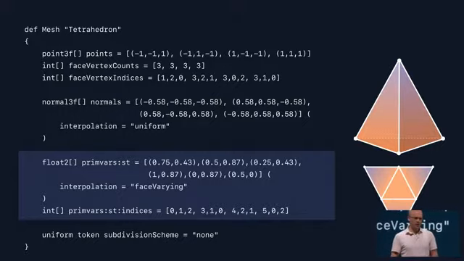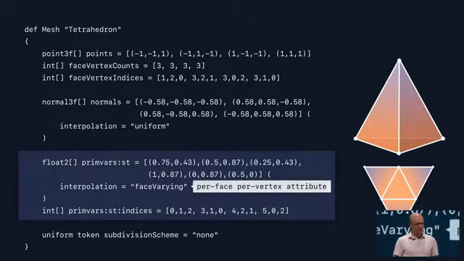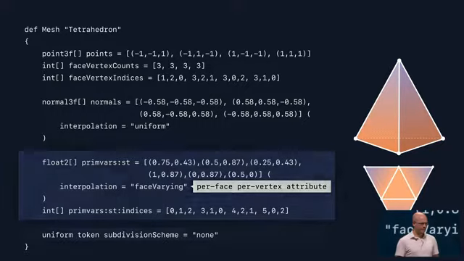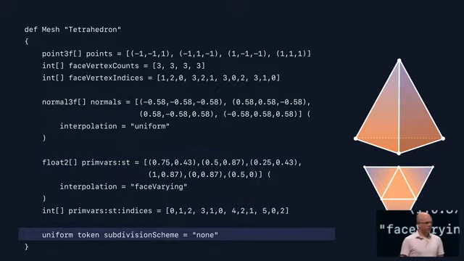These are going to be stored as indexed mesh attributes, and the indices are per face, per vertex. And in USD's language, that is face varying. Lastly, we'll make sure that this tetrahedron is rendered as a polygon and not as a subdivision surface. We'll come back to that later.